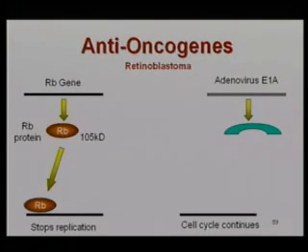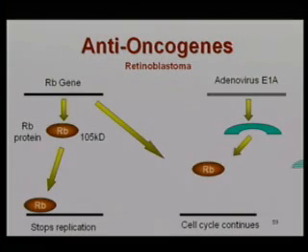When you look in an adenovirus-infected cell, or even a cell infected just with this E1A region, this oncogene of the adenovirus, what do you see? Well, what you see is that the RB protein is actually complexed with the E1A. And by doing that, the RB protein can't bind to the sites on the chromosomes where its job is to be done, and therefore the cell says, I've got the signal to divide, and it does.